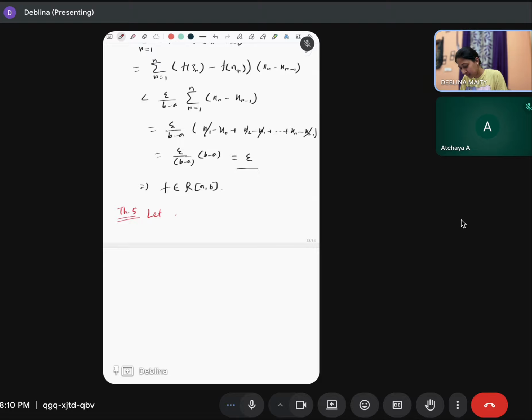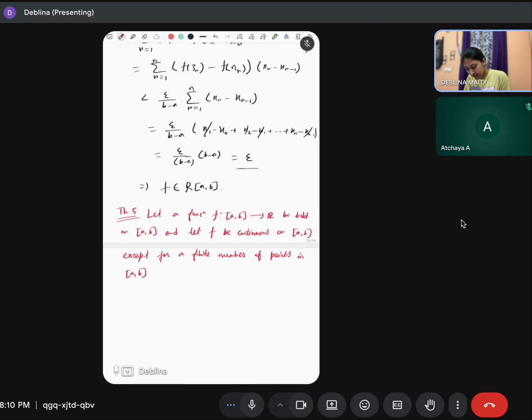So let a function f from [a, b] to R be bounded and let f be continuous on [a, b] except for some finite values, except for a finite number of points in [a, b], then also f is Riemann integrable.